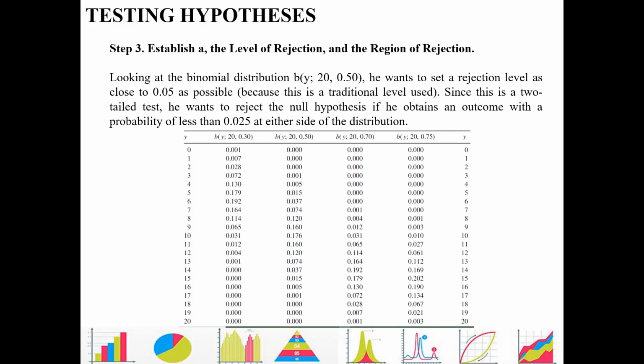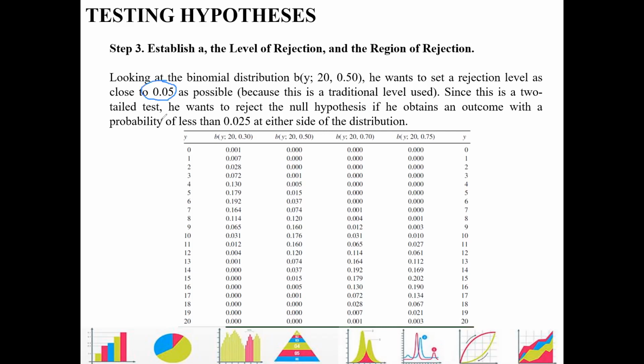Since this is a two-tailed test, he wants to reject the null hypothesis if he obtains an outcome with a probability of less than 0.025 at either side of the distribution. Ito yung nangyayari kapag two-tailed test ang ginagamit mo. Kung ang significance level mo is 0.05 at one-tailed test, ito lang ang i-consider mo.